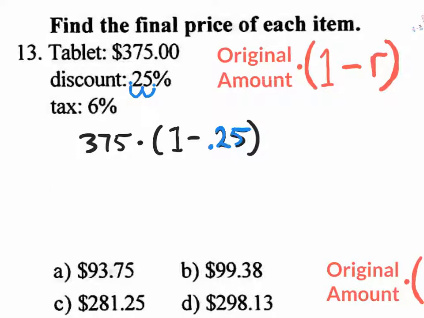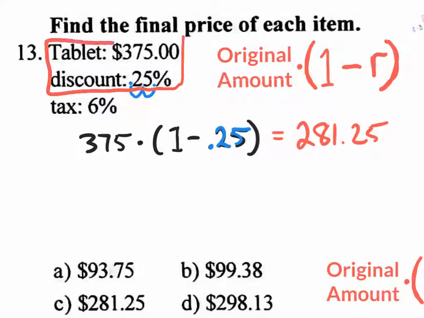Then let the calculator do the work for you. If you type this in exactly the way it is, including the parentheses and the minus, you should get 281.25. So far we have calculated the discount, and this is our new price, 281.25.